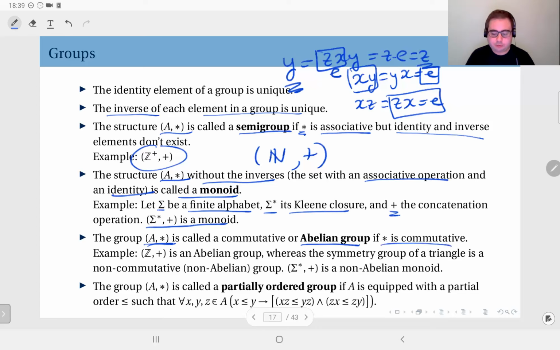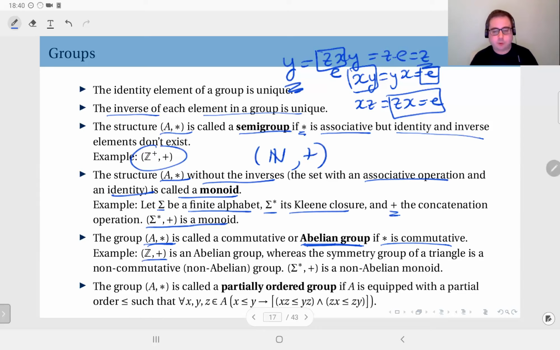If this operation is commutative, we call it an abelian group, or sometimes a commutative group.